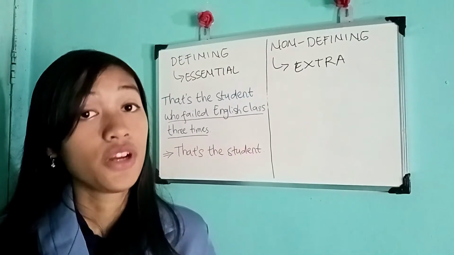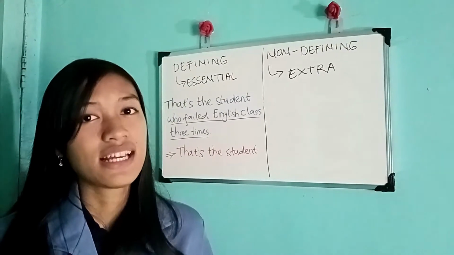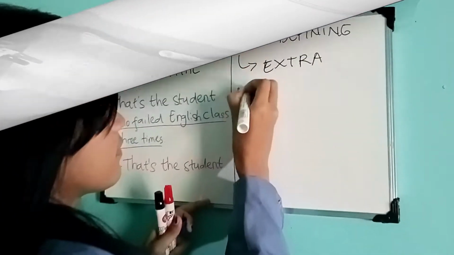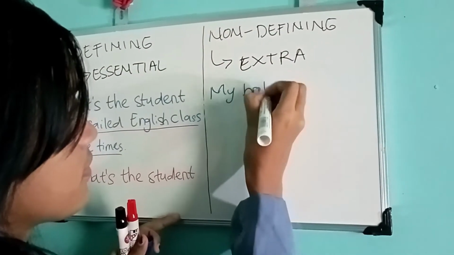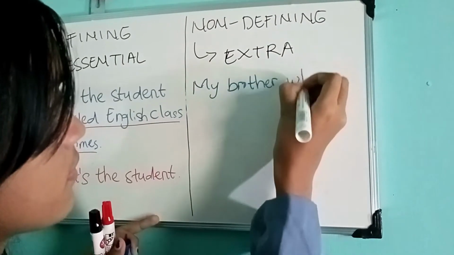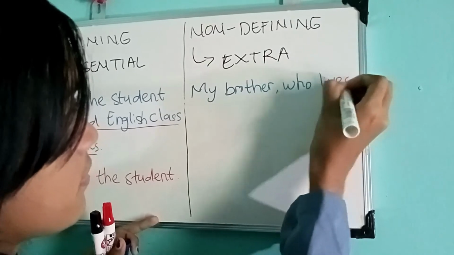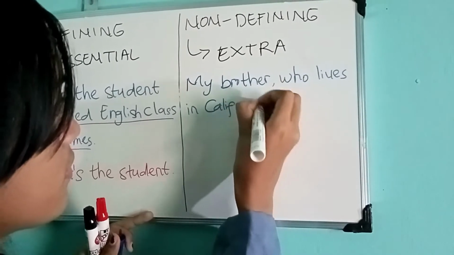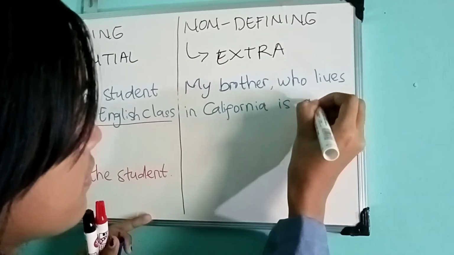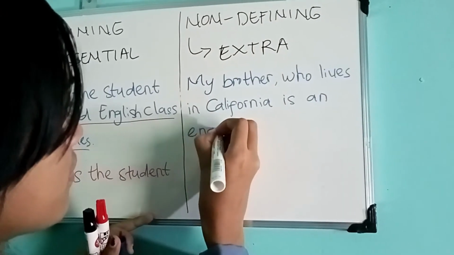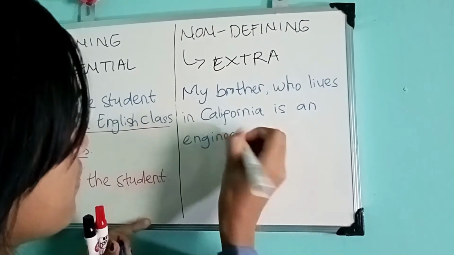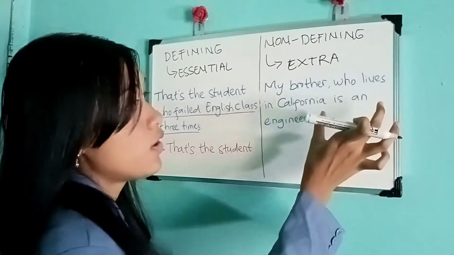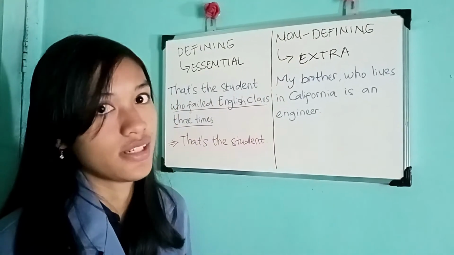But for non-defining, if you remove a non-defining relative clause, the sentence still has the same meaning. Let's see the example. For example, my brother who lives in California is an engineer.